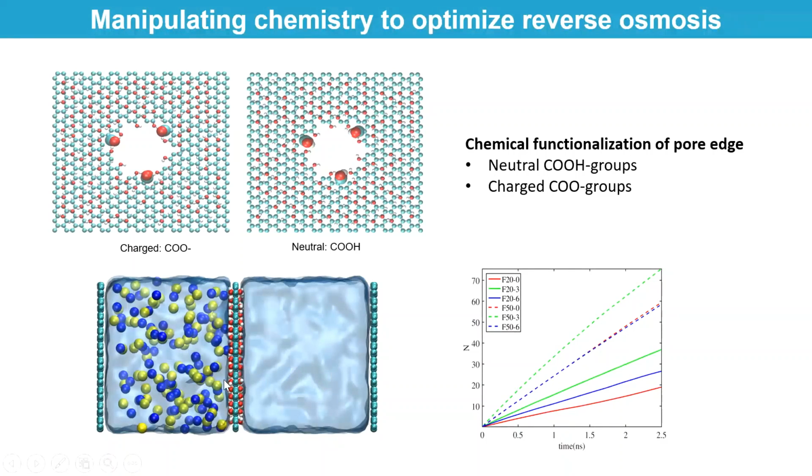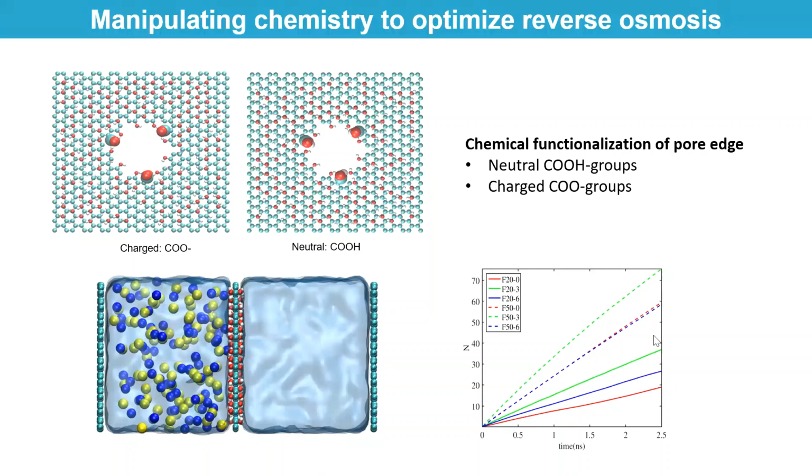We apply a very high pressure from the left-hand side, and we measure the number of water molecules that go through this membrane as a function of time, as shown in this figure. From this figure, we can compute the slope of the water leakage through this pore, and that gives us the water flux, or the desalination performance.